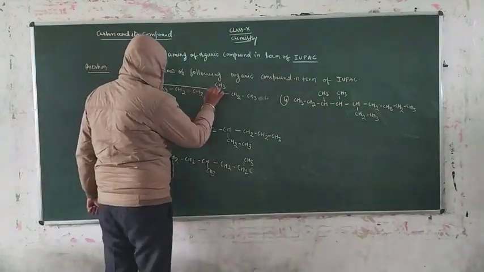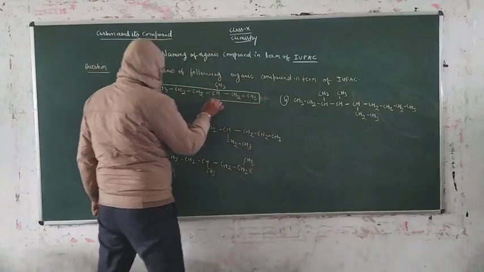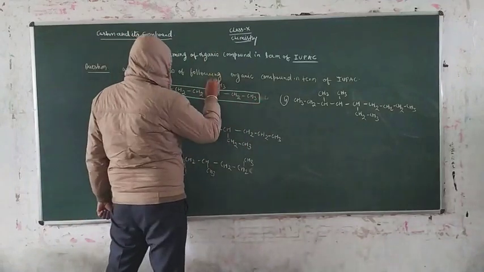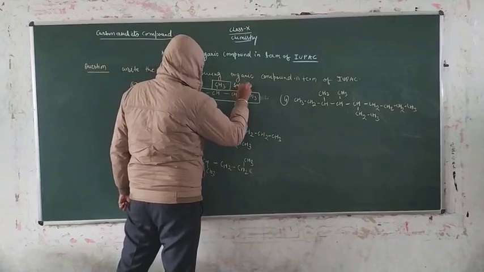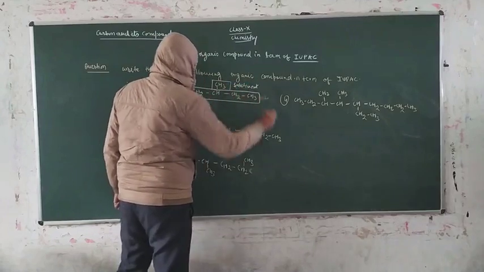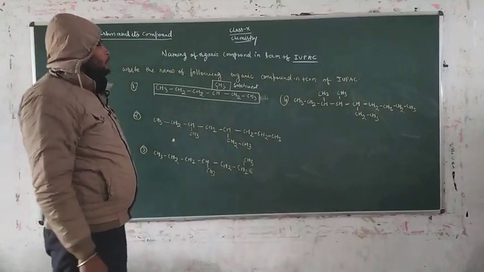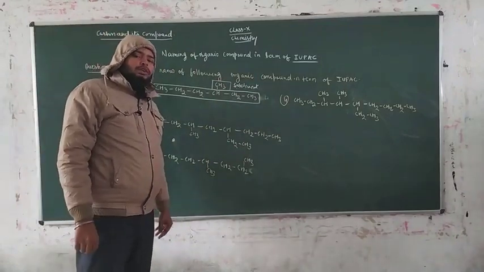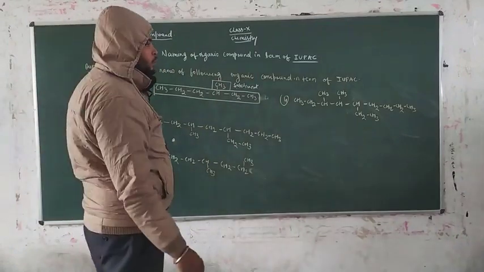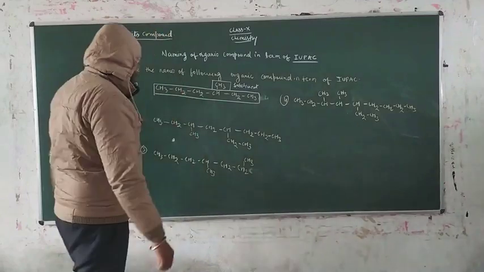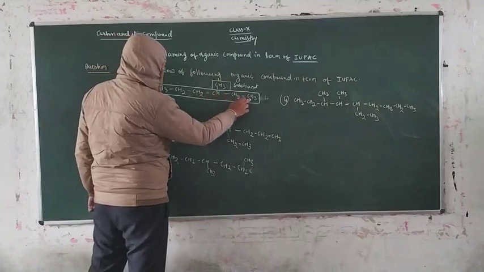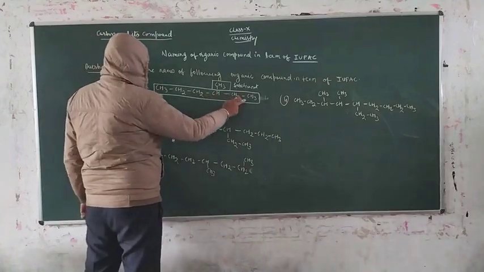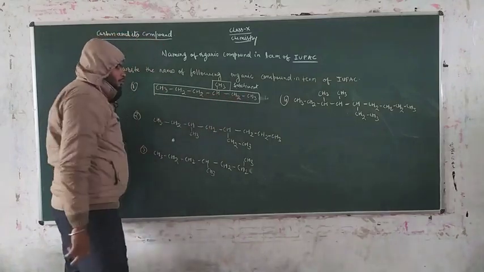This is your parent chain and this is your substituent. Now we have to apply the lowest locant rule for the numbering, so that the substituent gets the lower number. Numbering 1, 2, 3, 4, 5, 6 from left to right, the substituent comes at position 4.